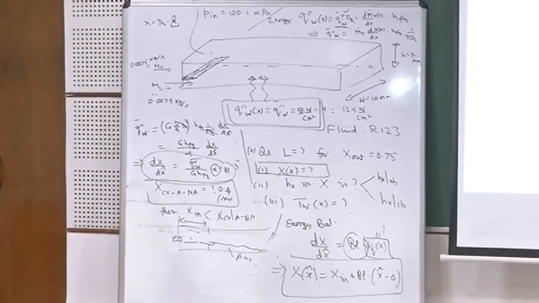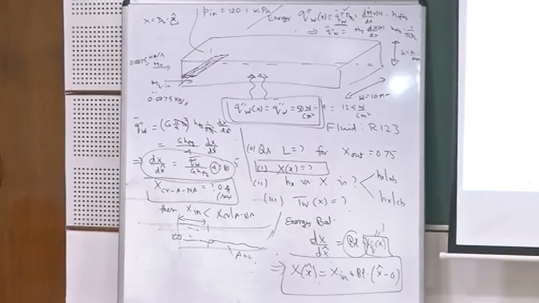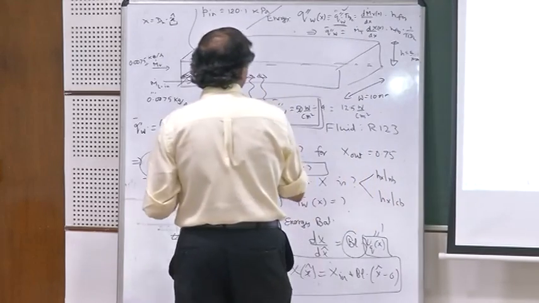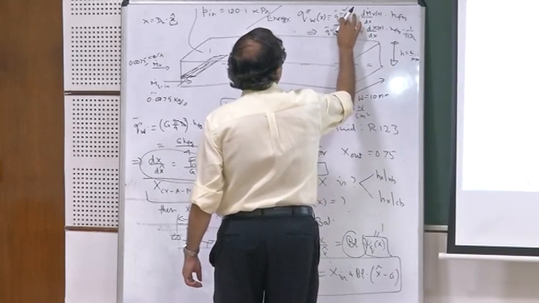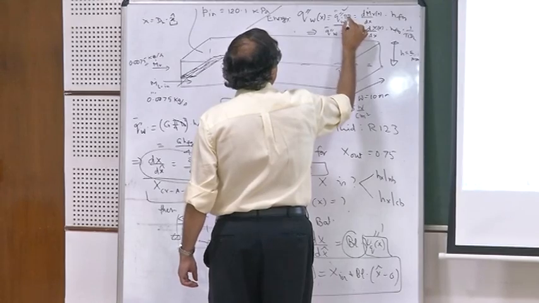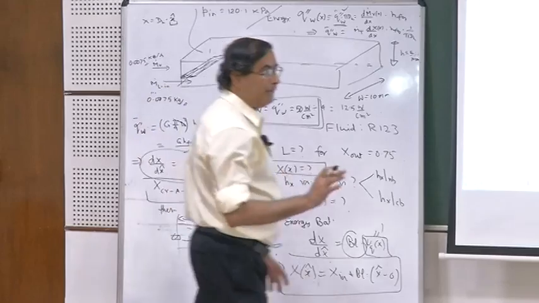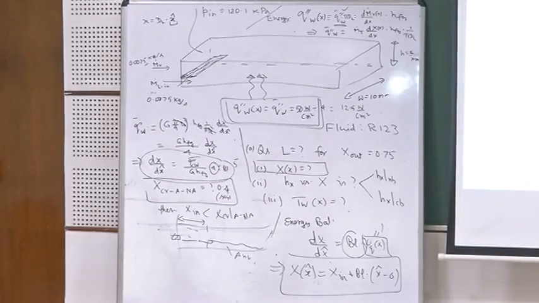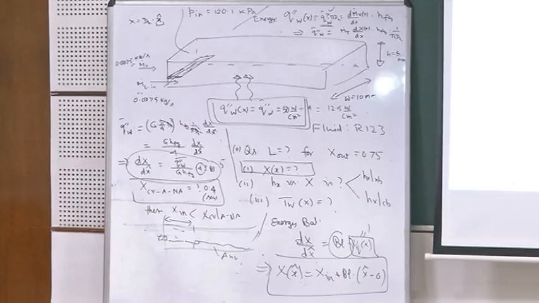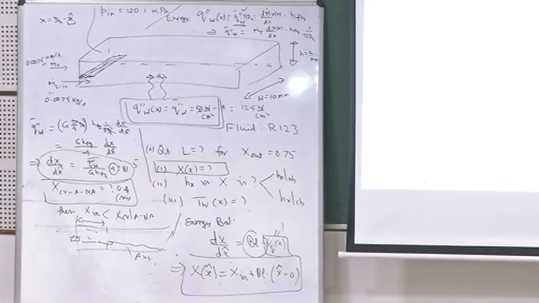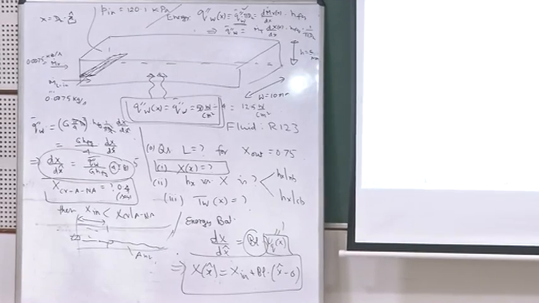Let me see how the boiling number is defined. Okay, I think what I have done wrong is this. I was doing it in terms of hydraulic diameter, but this is a channel problem, so I would have redefined it for this channel problem somewhat differently. Otherwise, I'll have to redefine dH in terms of 4H.